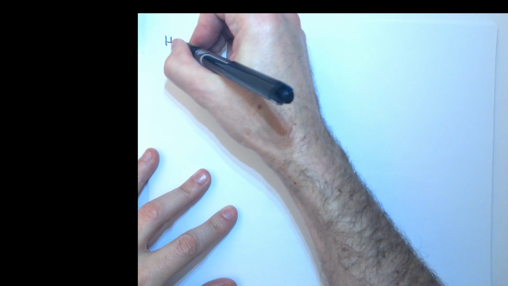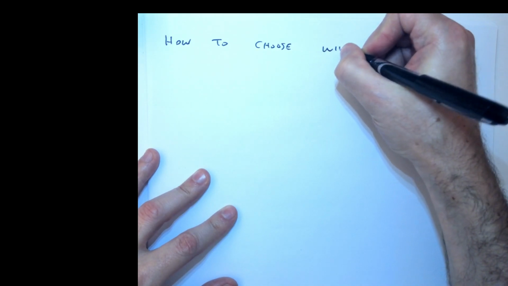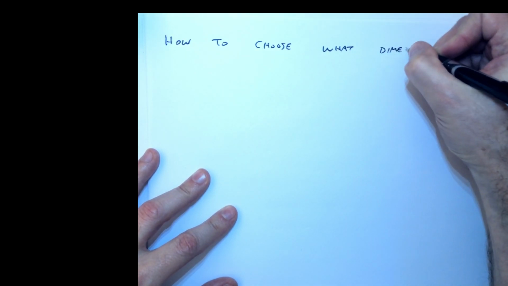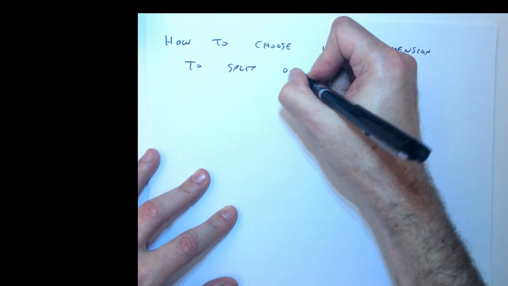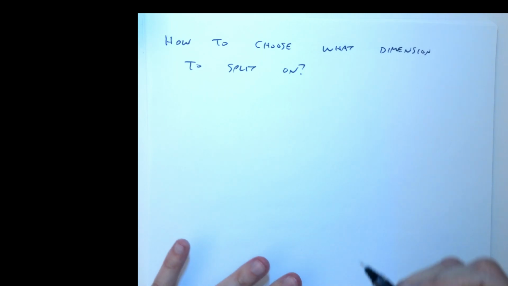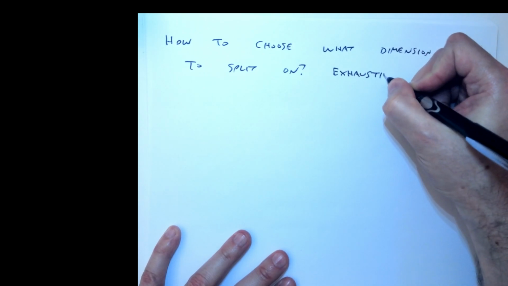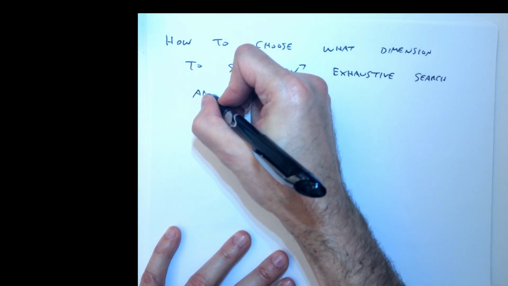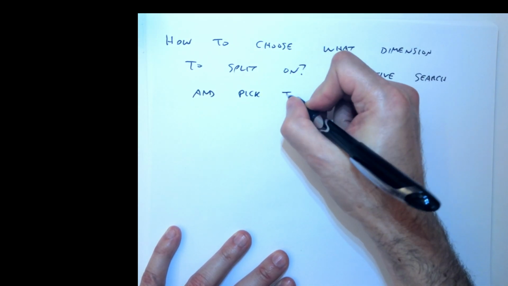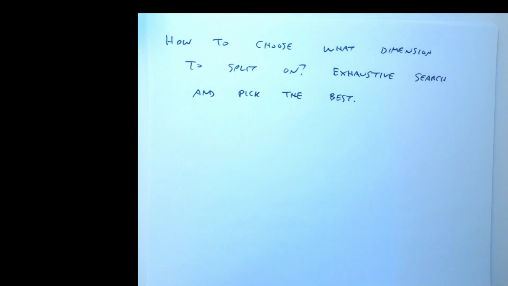So, how to choose what dimension to split on: a simple answer is just do exhaustive search and pick the best one. And this is what's called a greedy algorithm.